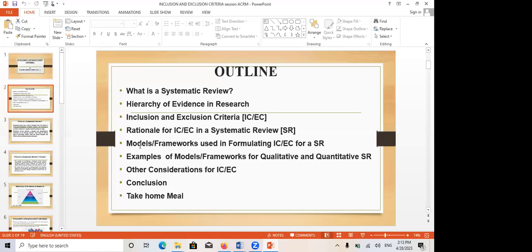When you have a research question or a research problem, you need to know the exact model that you use in formulating your inclusion and exclusion criteria. Then we will look at other considerations that are very important for your inclusion and exclusion criteria. And then I'll conclude and give us a take-home meal.